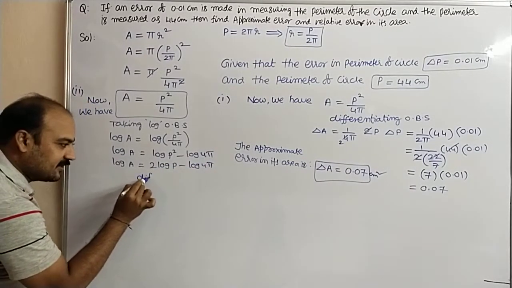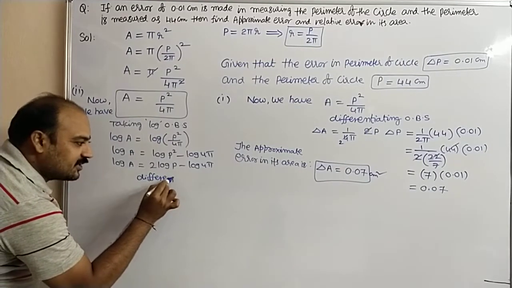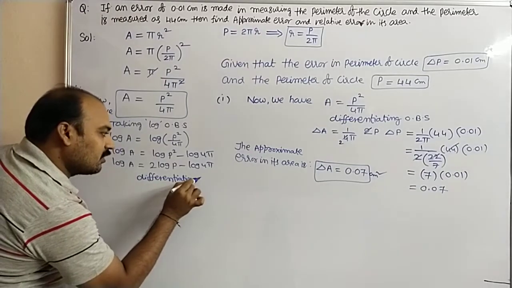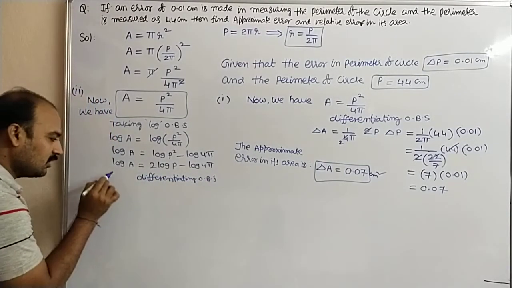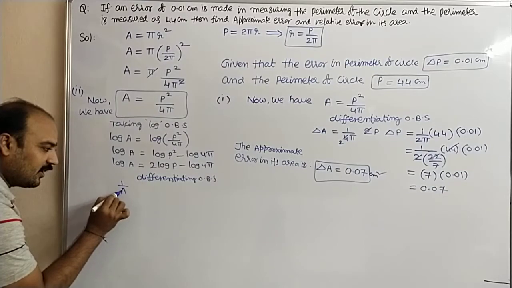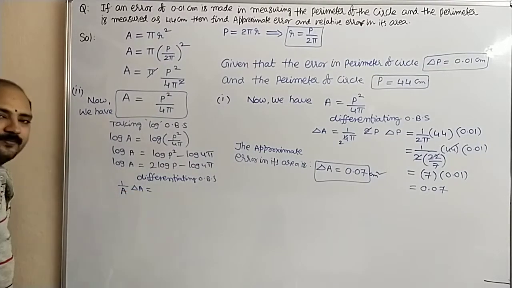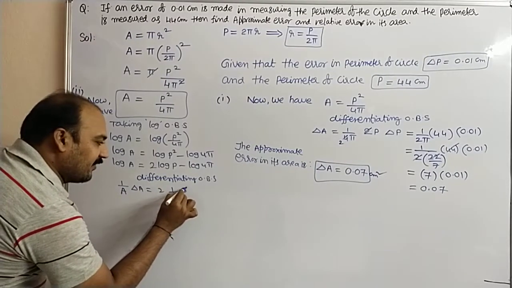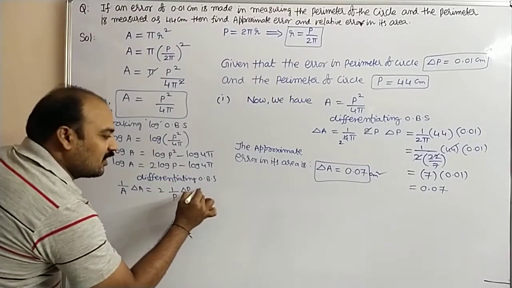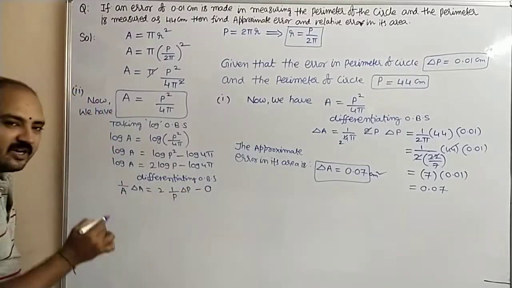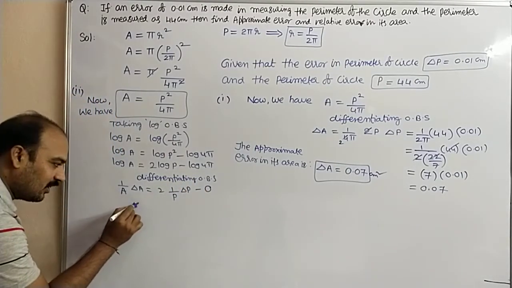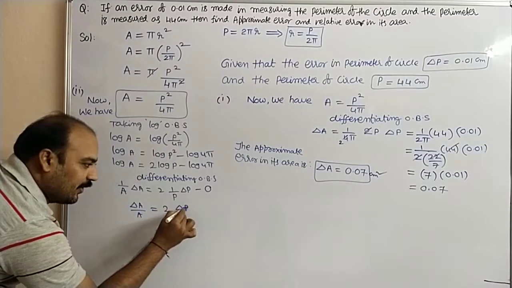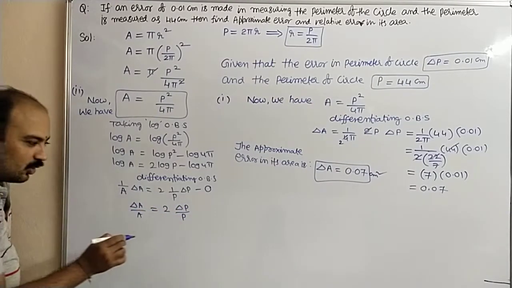Differentiating on both sides. So log A derivative is 1 by A. Again A derivative is delta A. 2 into log P derivative is 1 by P. Again P derivative is delta P. Minus log 4 pi is a constant whose derivative is 0. So now delta A by A equals 2 times delta P by P. Both the values we know now.